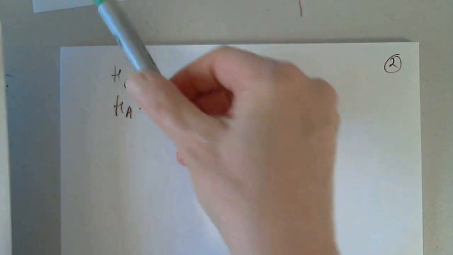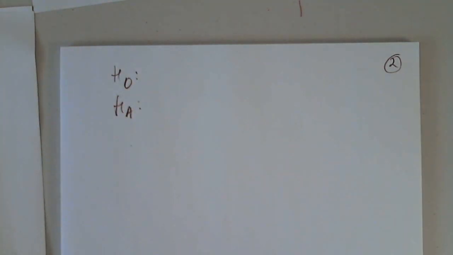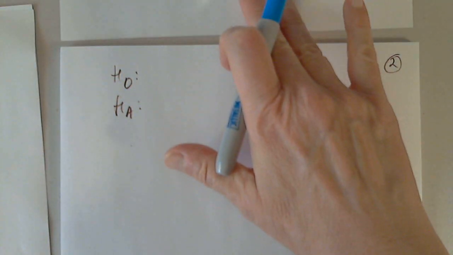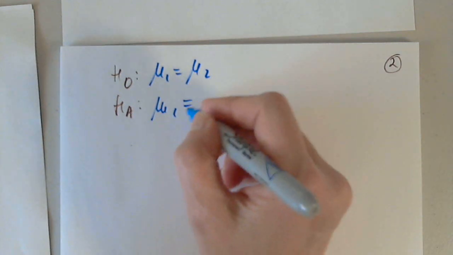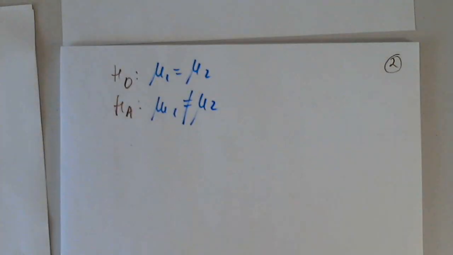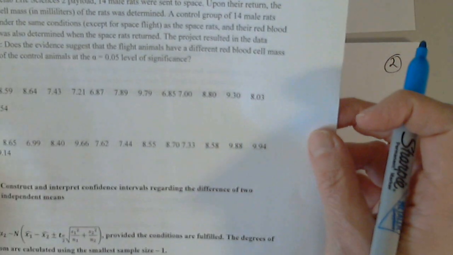Is it case 1, case 2, or case 3? Anyone? Case 1, 2, or 3? Case 1. Very good. So mu1 equals mu2. Mu1 is different from mu2. Very good. That is indeed the test of hypothesis.